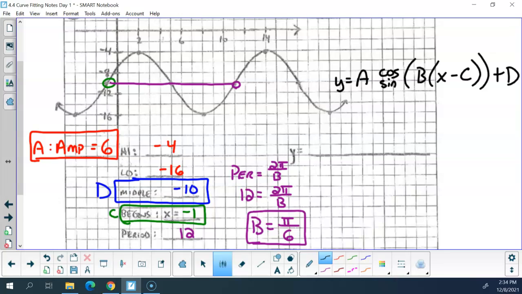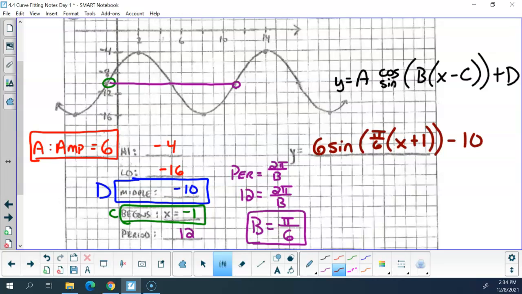So y equals 6 sine, parentheses, pi over 6, parentheses, x plus 1 because it's minus a negative 1, minus 10. Yes?